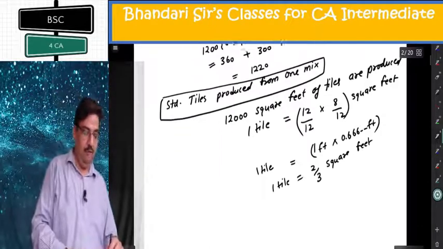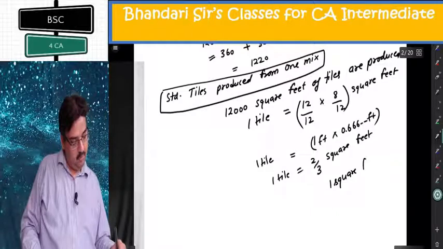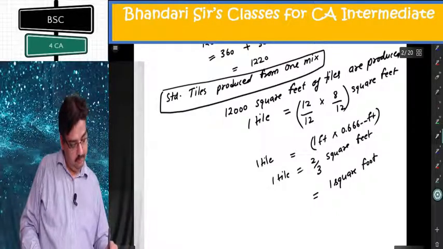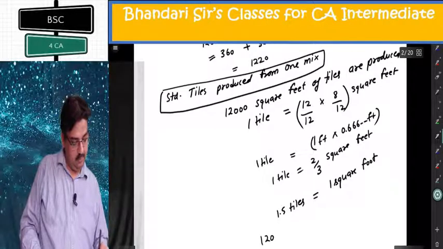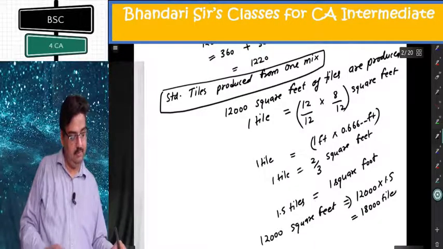So 1 square foot is 1.5 tiles. 12,000 square foot, 12,000 into 1.5, is 18,000 tiles.